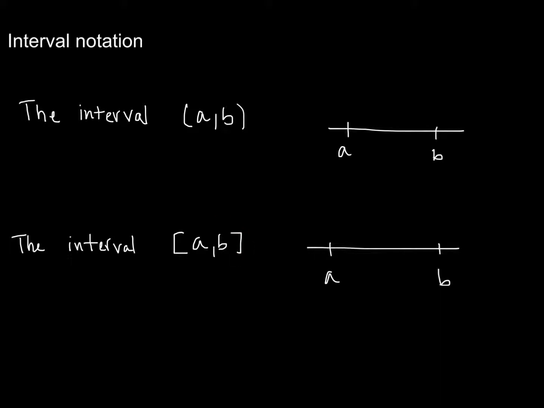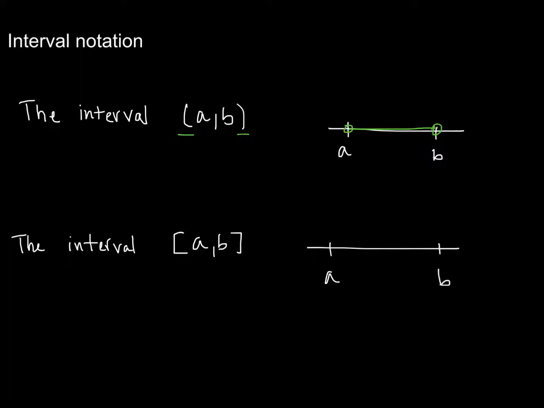With curved brackets, if you're saying something is in the interval (A, B), what you're saying is that you're looking at all the numbers between A and B, not including A or B. That's why we have the open circle here. So you might want to just think to yourself, curved brackets means not including.